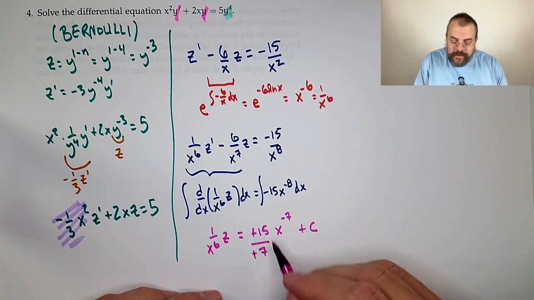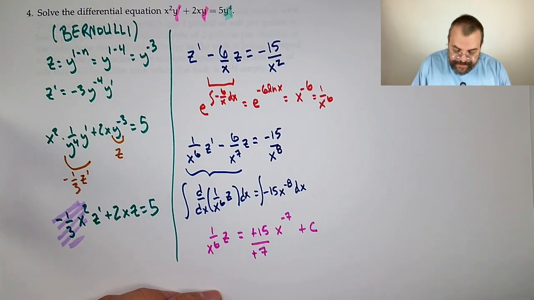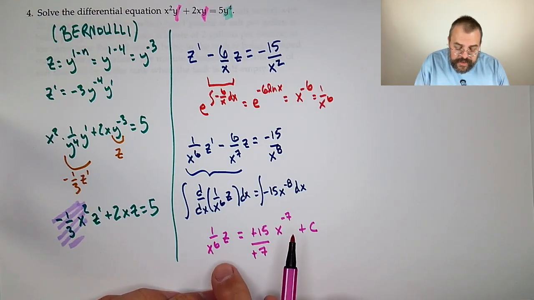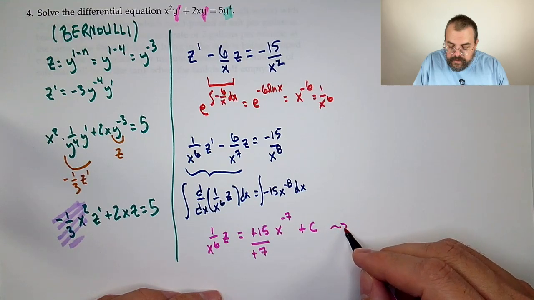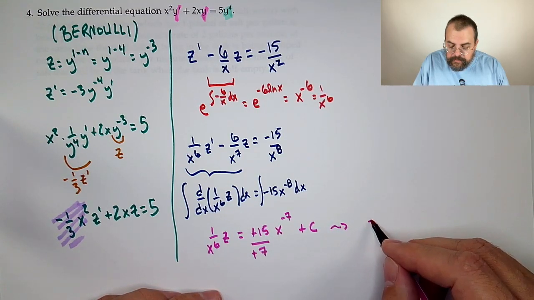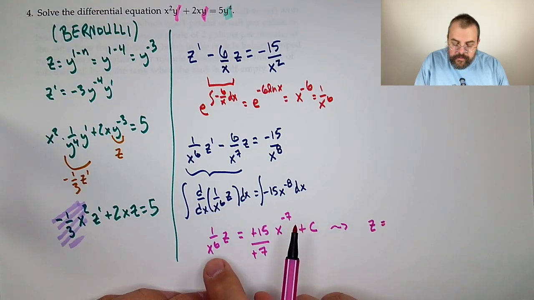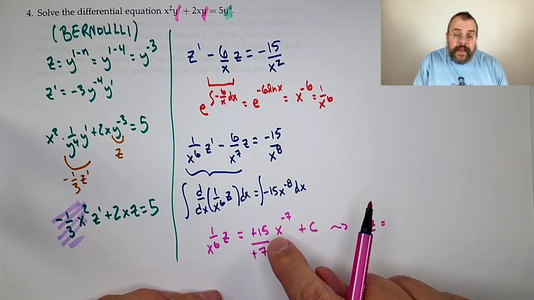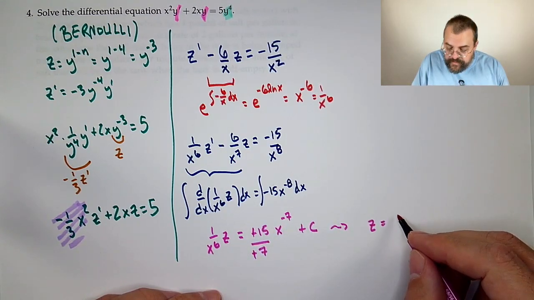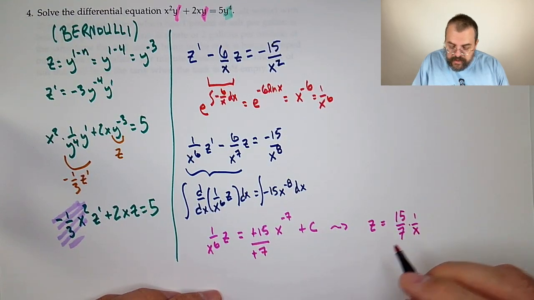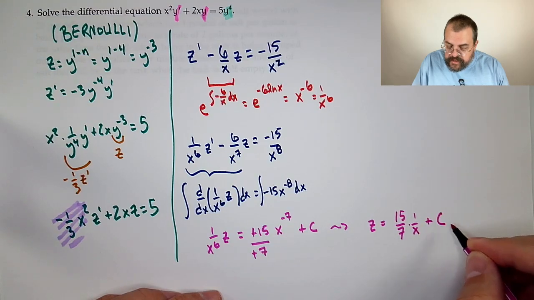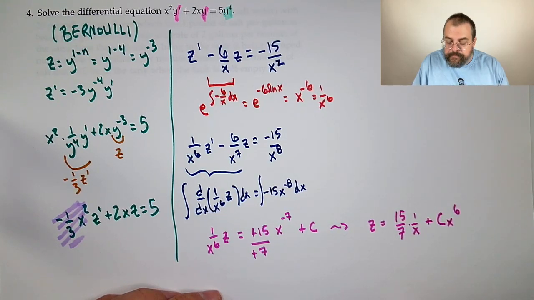Well, 15 doesn't go into 7, but that's okay, it doesn't have to. We're almost there. So let's multiply through by x to the 6. So z is equal to 15/7 times 1 over x, and then plus some constant, x to the 6.